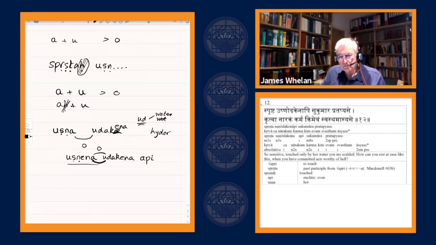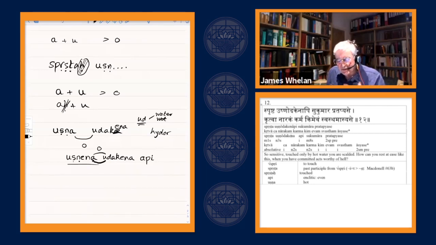Api, as an enclitic, that means joined onto the end of a word. It mostly means even. So ushnodakena api means even with hot water.